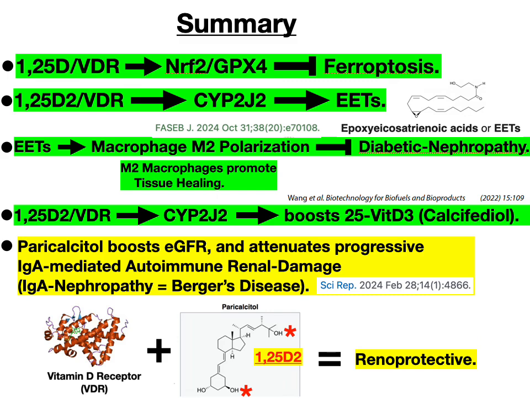EETs are able to convert M1 macrophages into M2 macrophages. These are a different phenotype of macrophage. This process of shifting macrophages from an M1 phenotype to an M2 phenotype is called macrophage polarization.